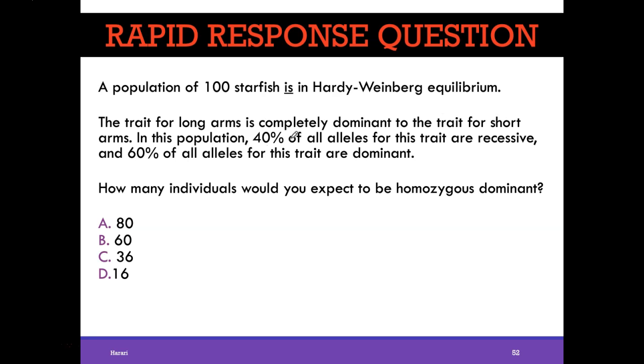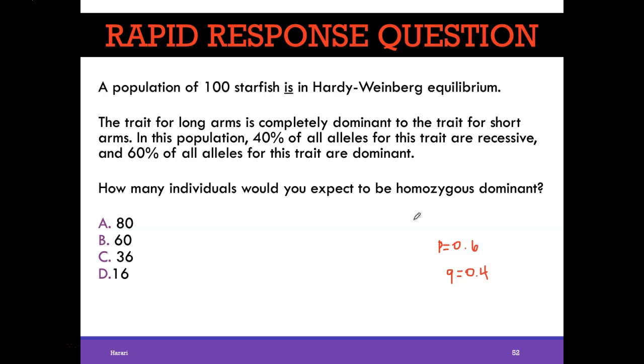In this population, 40% of the alleles are recessive, 60% of the alleles are dominant. So the first thing we do is write what we know down. We're told already the allele frequencies. We know from there that p, the frequency of the dominant allele, must be 0.6, and that q must be 0.4.